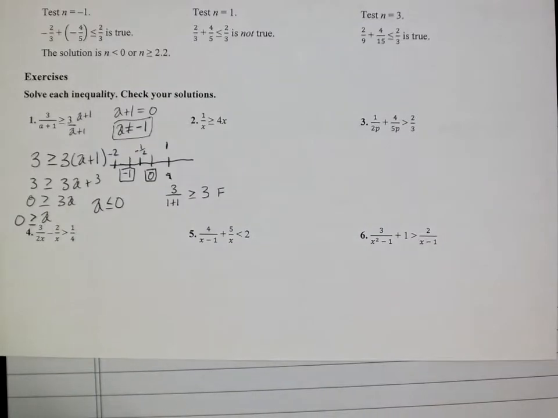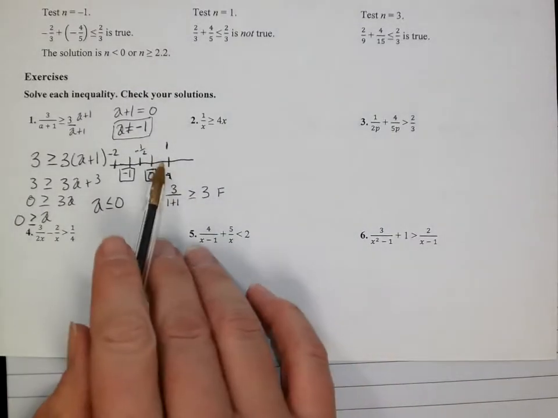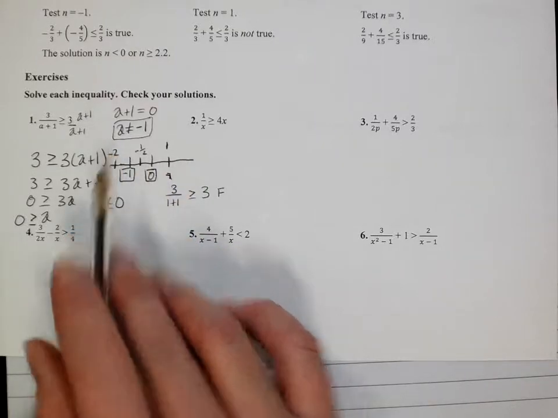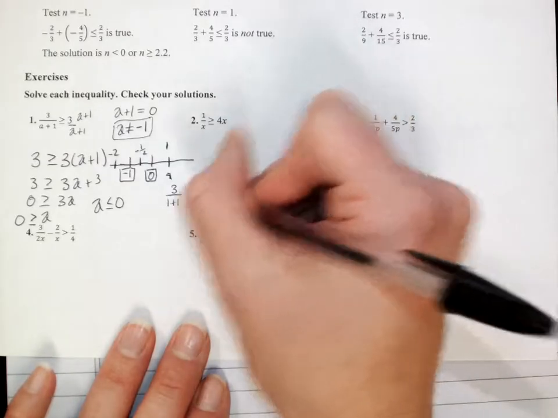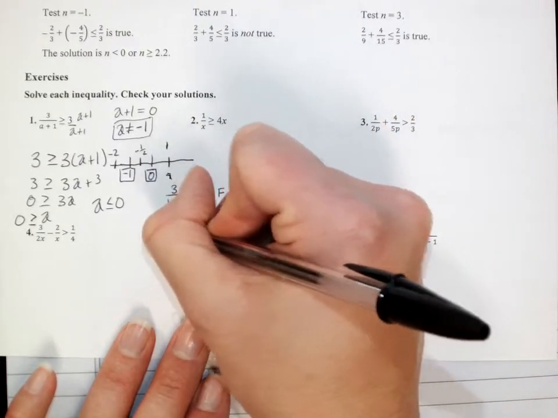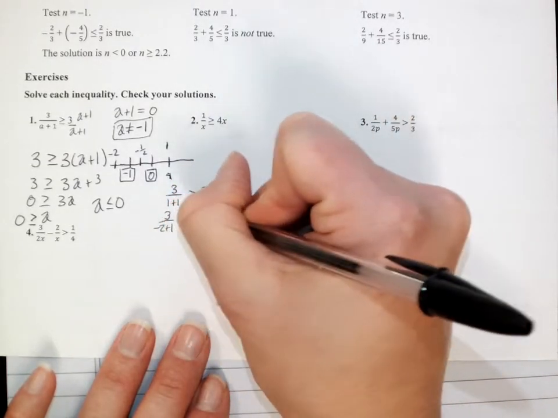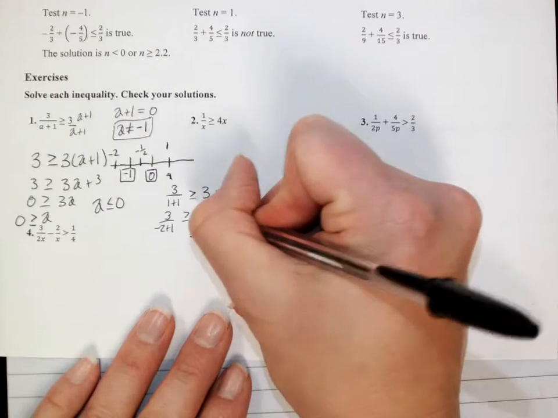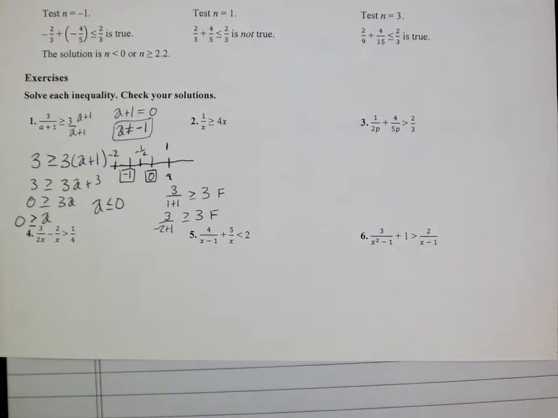So that side is not going to be part of my solution. I'm going to skip over here to do negative 2, so let's check that one out. 3 over negative 2 plus 1 is greater than or equal to 3. Well, negative 2 plus 1 is negative 1. That would be negative 3 is greater than or equal to 3. Also false.